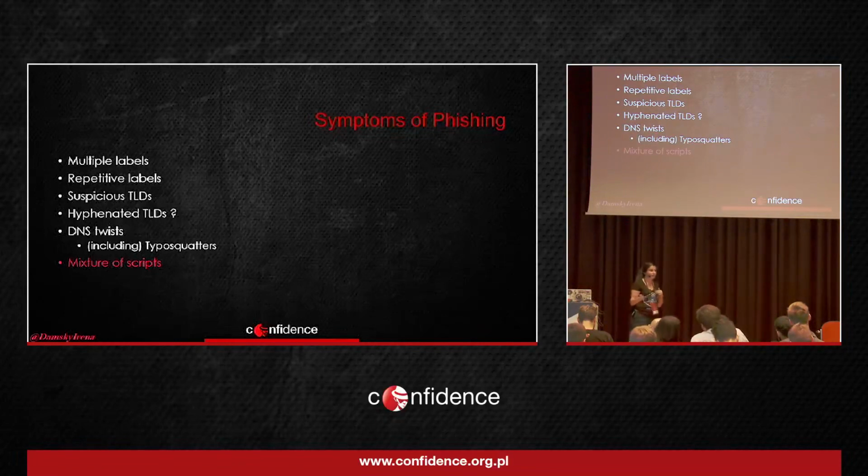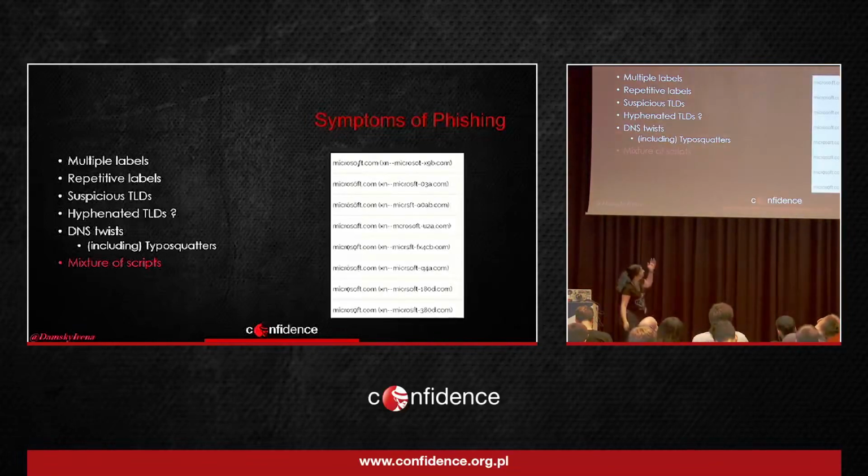So in far Asian countries, in India and Japan, stuff like that, they do actually use both English and Japanese characters and both Indian characters. It is something that happens. It's not very common. So for me, when I'm automating this whole thing, if I see two different scripts within one domain name, I'm giving it a suspicious score.